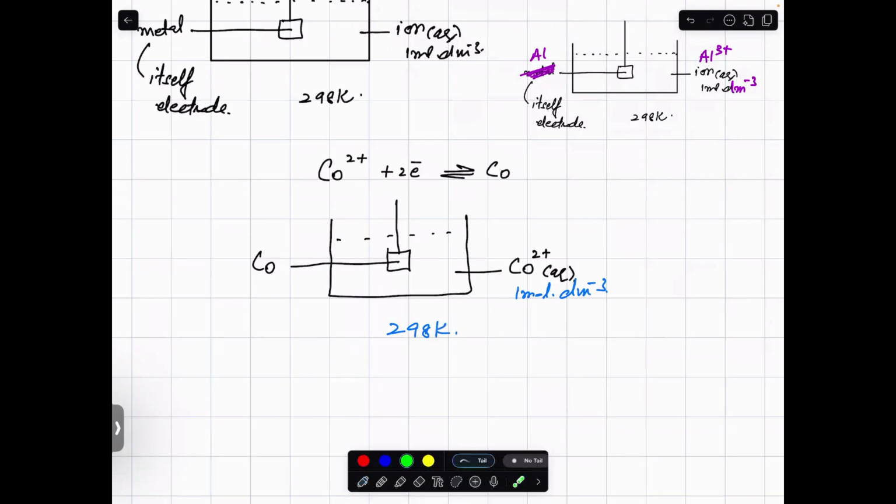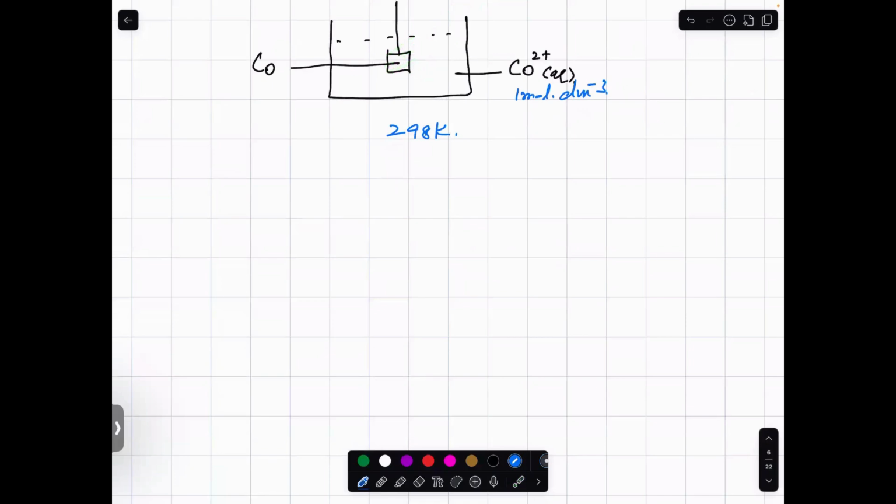So what will you use to provide cobalt ions? Any salt: cobalt chloride, cobalt nitrate, aluminium nitrate. You can use any salt to provide the ions, and you have to ensure that the ions are 1 mole per dm cube. The metal is itself the electrode for any metal and its ions.